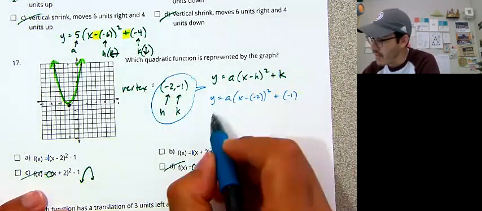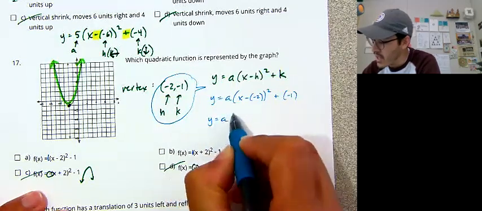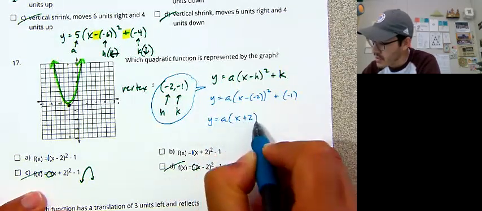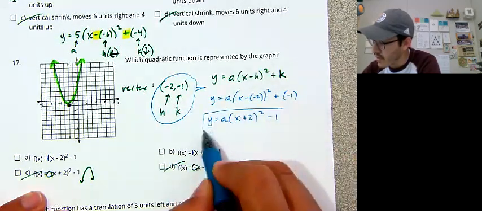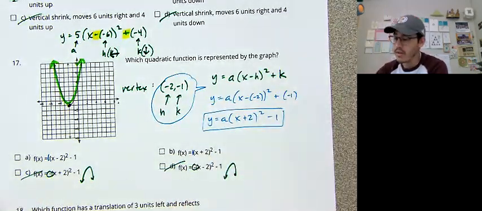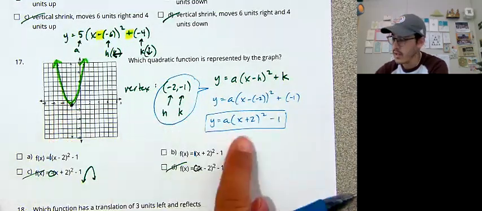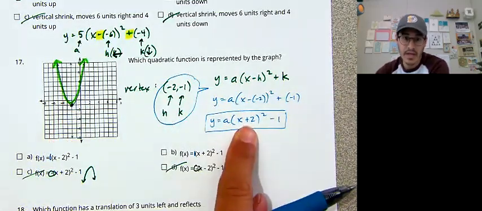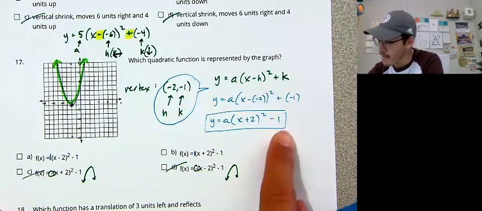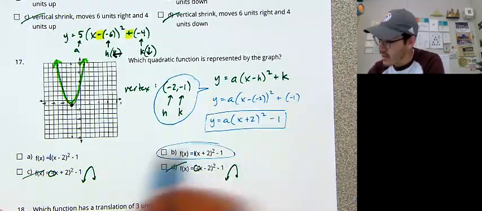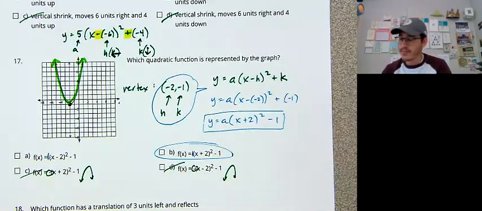When you simplify that out, we get y equals a x plus 2 squared minus 1. So we know that the function of this parabola is going to have an x plus 2 as its squared term, and then a -1 as its constant term. And so that would make B the correct answer.